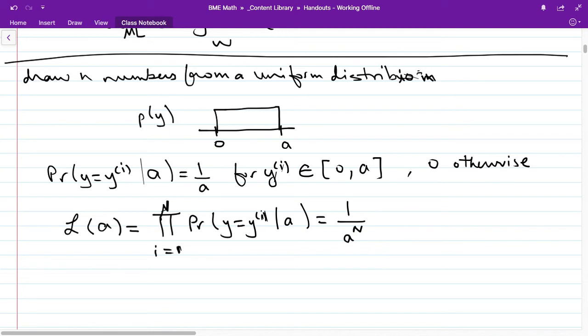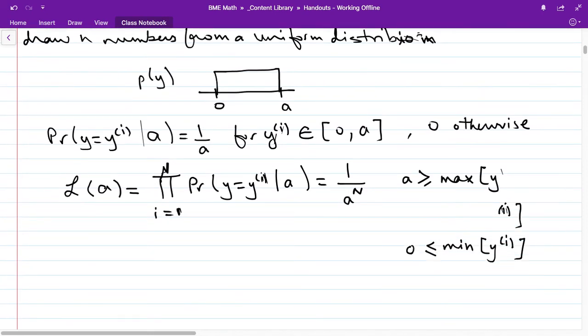This is the case if a is bigger than or equal to the largest y that I have, and 0 has to be less than or equal to the smallest y that I have. So if a is bigger than or equal to the largest y that I have, then this is the likelihood.